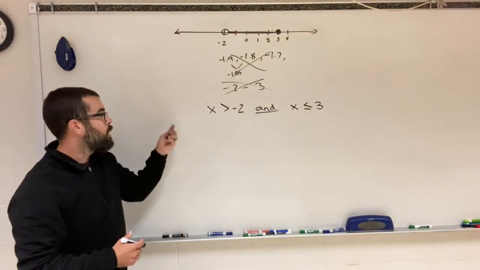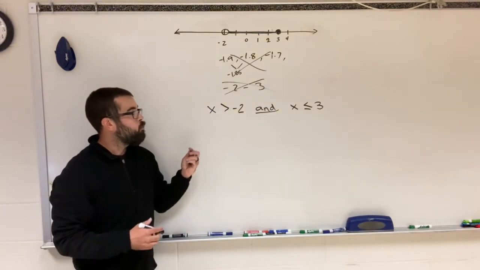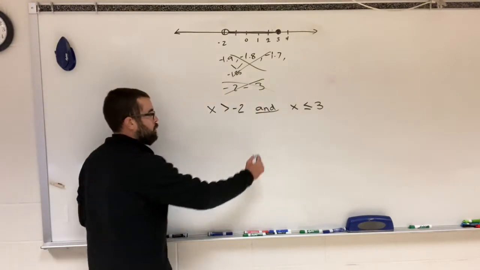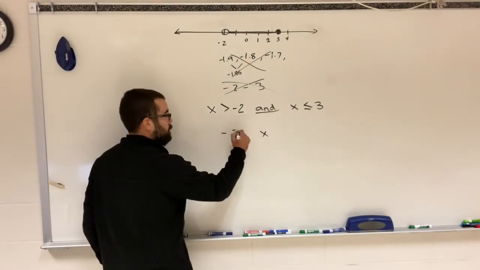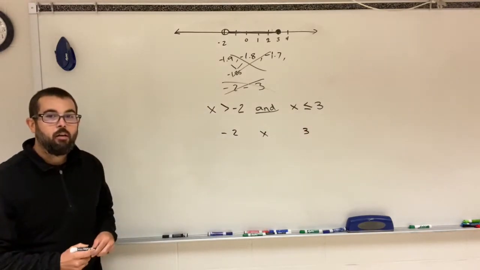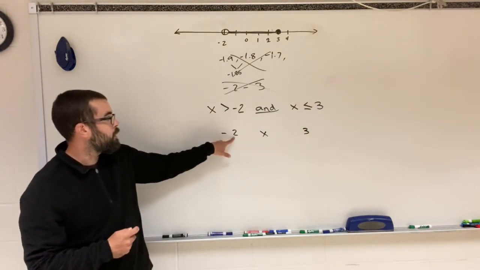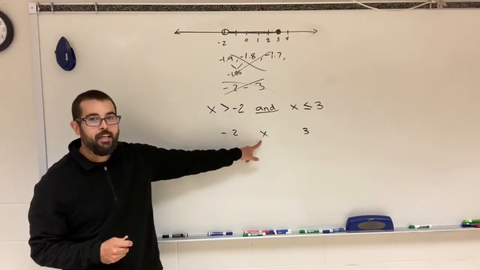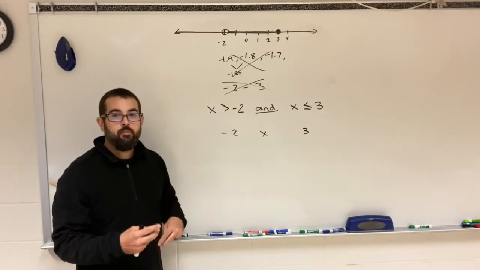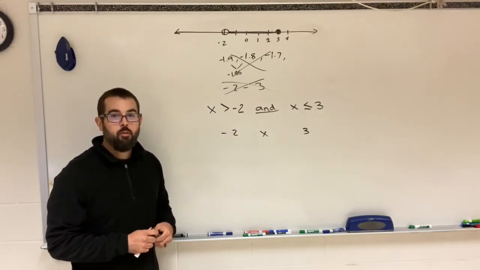All right, so now, can we write this in one string without the word and in there? And it turns out we can, and this is how we do it. So we have x is between -2 and 3. So how does x compare to -2 if x is on the right side? So this is why in the diagnostic I had you answer the question if the two inequalities were equivalent.